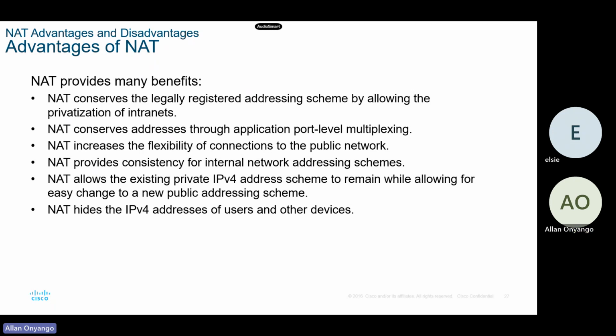All right. Now it allows the existing IPv4 addresses to remain while allowing for change to a new public IP. What do we mean? You need to change your ISP from one ISP to another ISP. You will not interfere with the private addresses. You just need to change your public IP, and the private ones will remain the same.